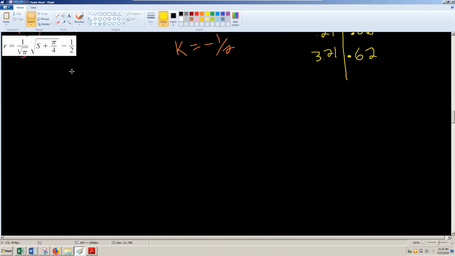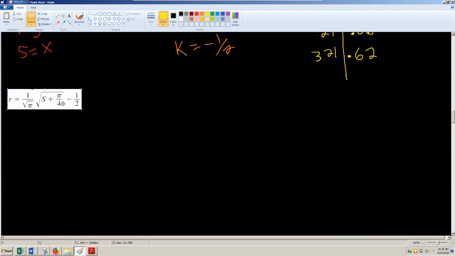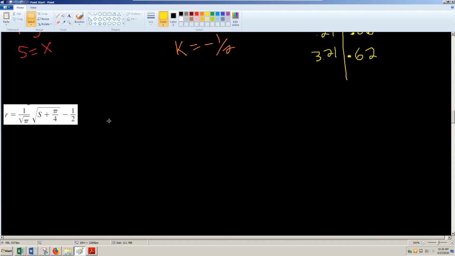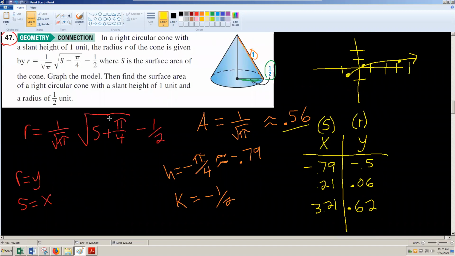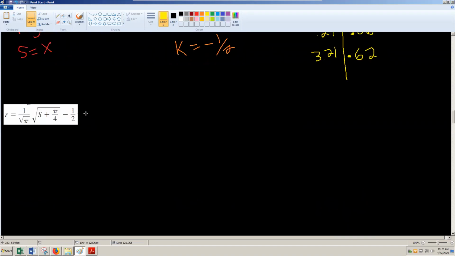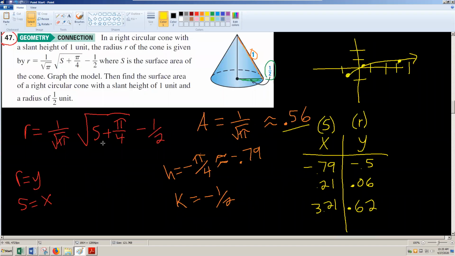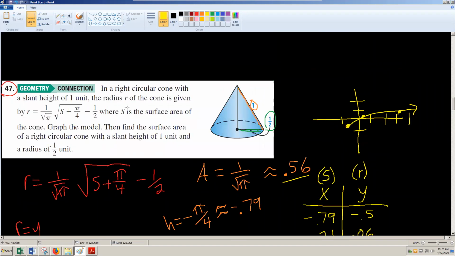There we go. All right, so I have this formula here, and then it tells me slant height of 1, radius of 1/2. So I guess it's giving me S as slant height. No, it's giving us the surface area.